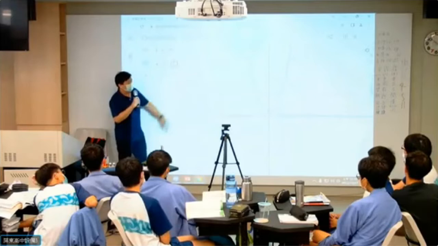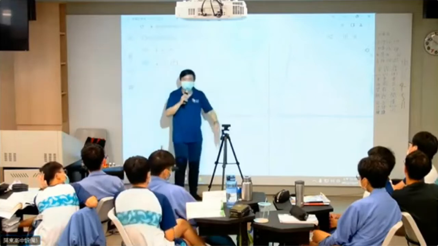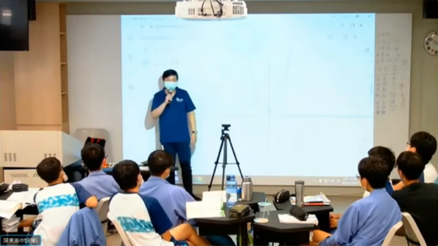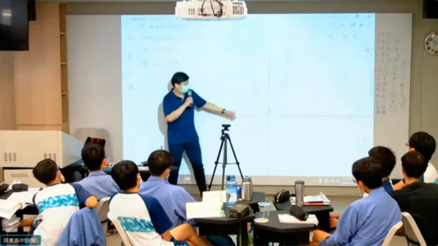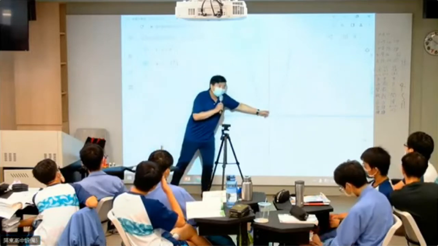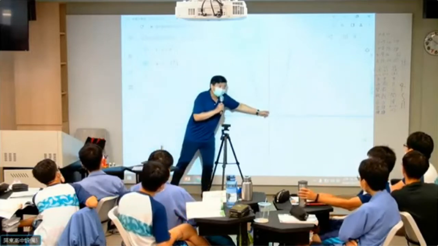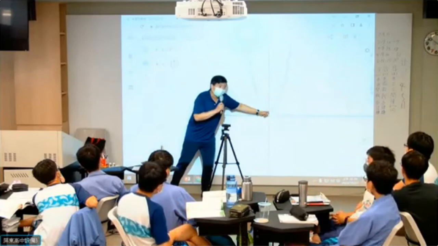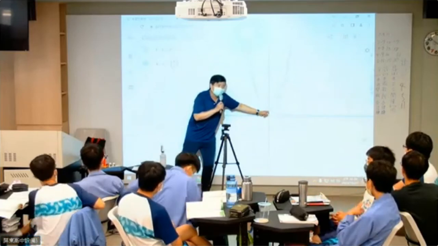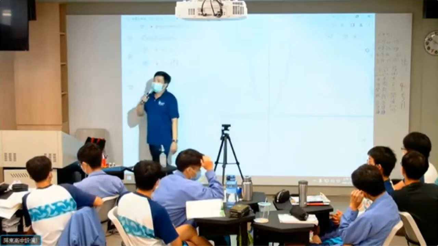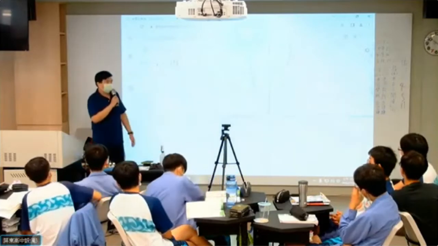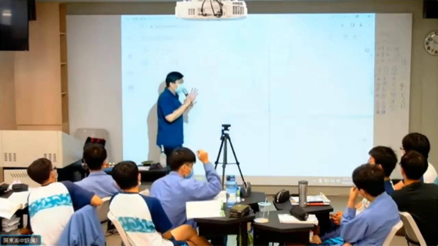So you can see the same property. What's the same property? They all have y-intercept at the point (0, 1), right? But they have different properties.